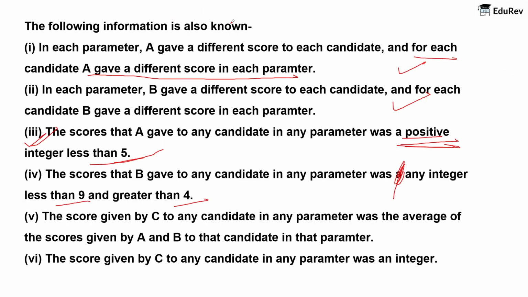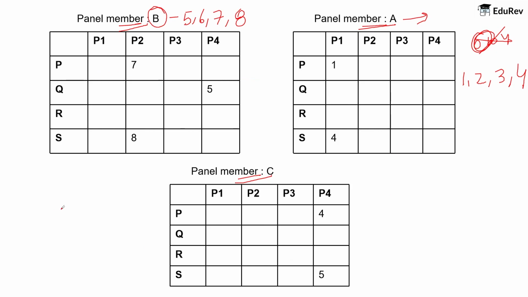And for C, let's write it over here. If you look at C, the fifth point says the score given by C to any candidate in any parameter was the average of the score given by A and B to that candidate in that parameter. It means if you have found the scores given by A and B to every candidate in every parameter, then you can quickly take the average of A and B and get the scores of C. So for C, it's very easy.